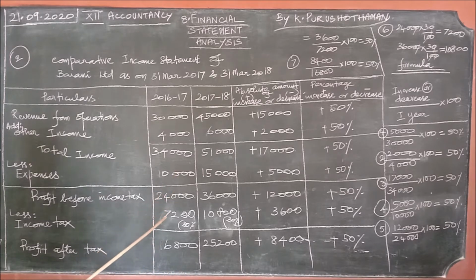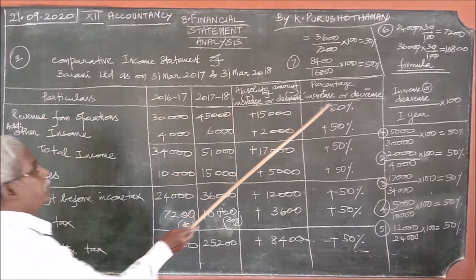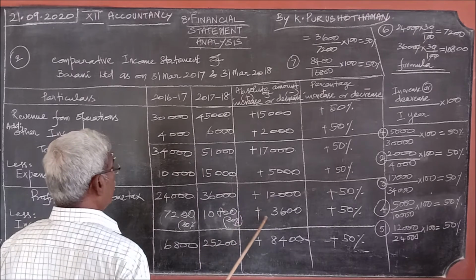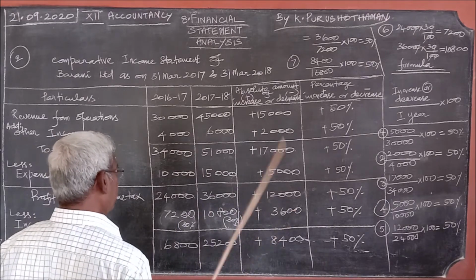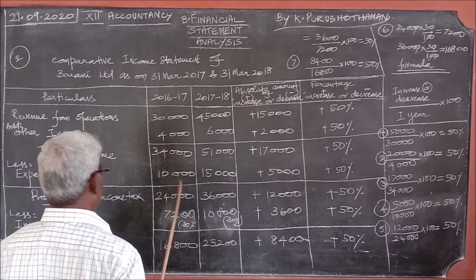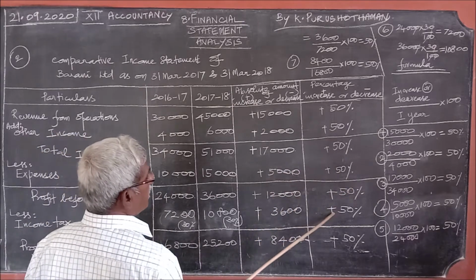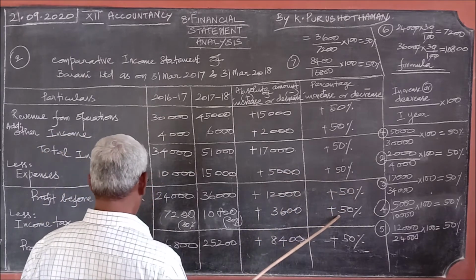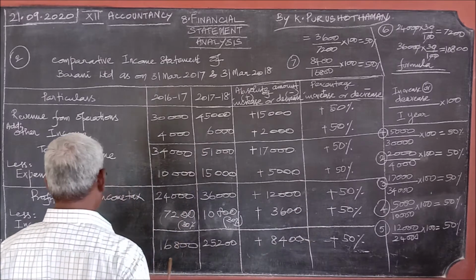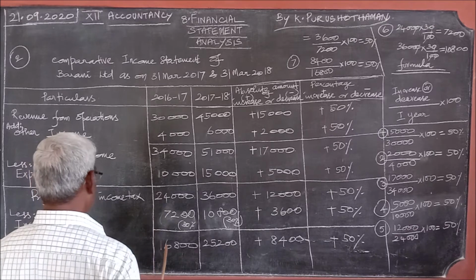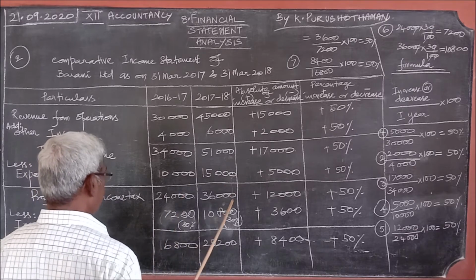So, this income tax is calculated separately here, and that amounts are written here, and this increase has been made for each and every item you are writing here. You should find the increase or decrease, and you convert this into percentage. So, after minusing it, we will find the final profit, that is profit after tax. So, you can minus it less, this is less.